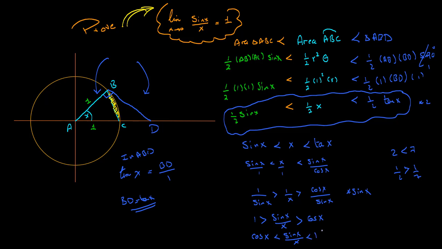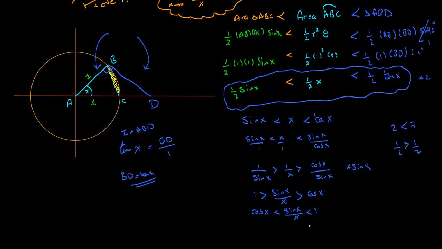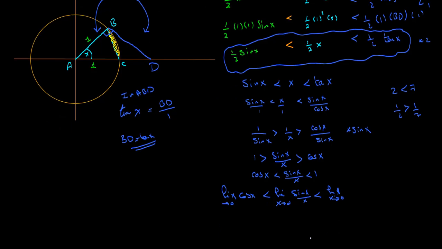According to this inequality, let's go to the limits. Taking the limit of the same inequality: the limit as x tends to 0 of cosine x is smaller than the limit as x tends to 0 of sine x over x, which is smaller than the limit as x tends to 0 of 1, which is just 1. When we substitute 0 into cosine x, the result is 1.